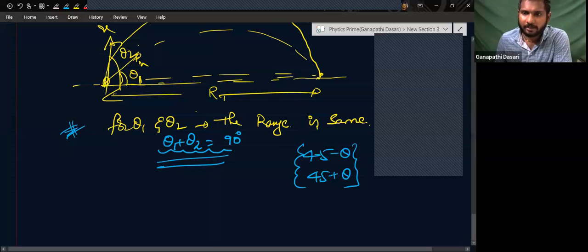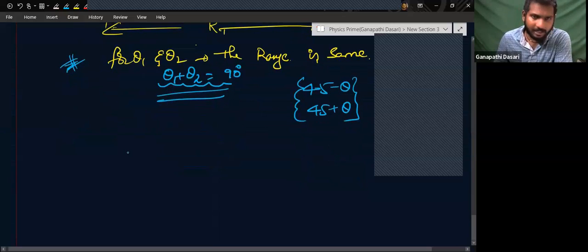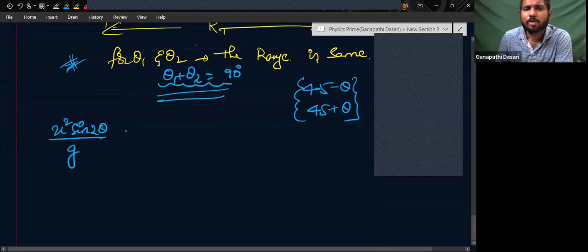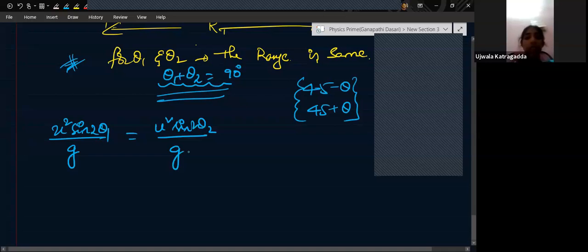On this point, different questions can be raised. Why is this so? Okay, what is the range formula, Varun? U square sin 2 theta by G. So for range to be equal, U square sin 2 theta 1 by G should be equal to U square sin 2 theta 2 by G. One straight solution is what?